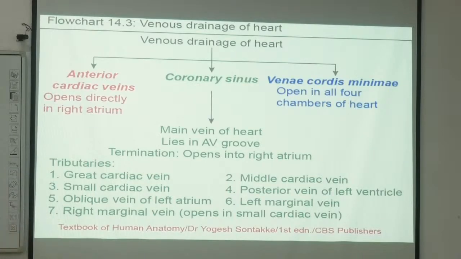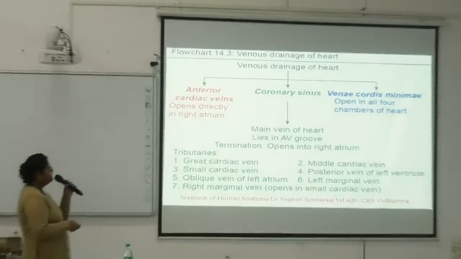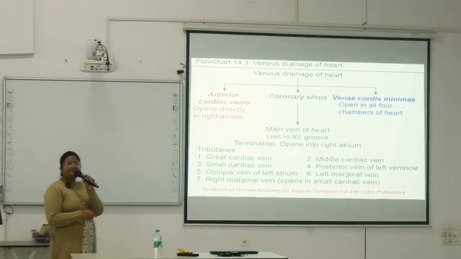Okay, so these are the three veins draining the heart. Anterior cardiac vein, which opens directly into the right atrium, coronary sinus, and the venae cordis minimae. They open in all the four chambers of the heart, most numerous in the interatrial septum. So, coronary sinus is the main vein of the heart, lies in the atrioventricular groove on the posterior aspect, and at termination it opens into the right atrium and is guarded by a valve, Thebesian valve.